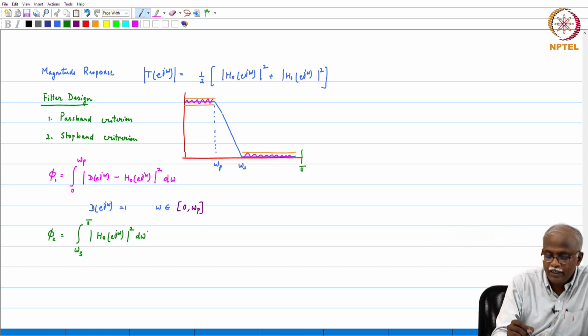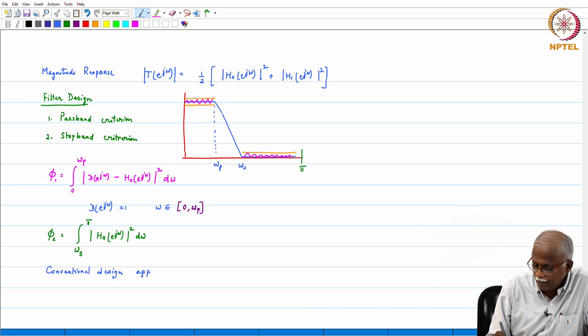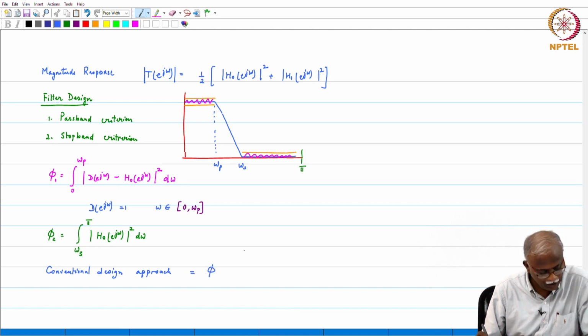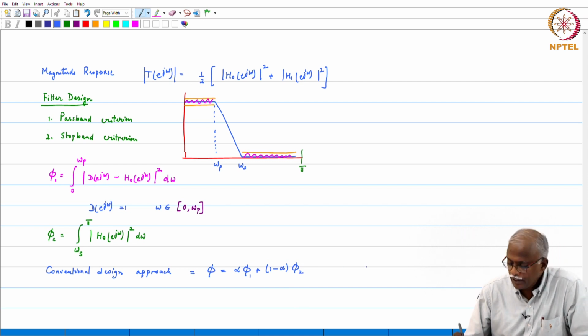Now, the conventional design approach says we minimize a combination of phi 1 and phi 2. Let us call it alpha times phi 1 plus (1 minus alpha) times phi 2, where alpha is a real valued constant between 0 and 1.